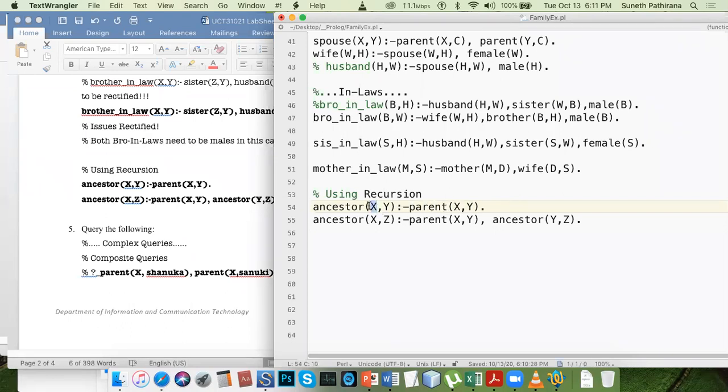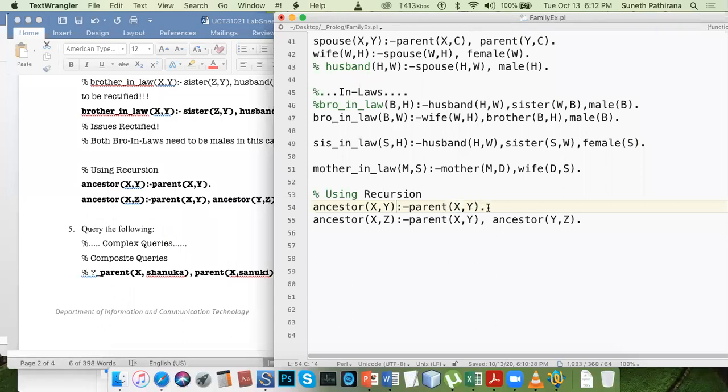X, the same X who is claiming to be an ancestor, has to be a parent of Y. That means if X is a parent of Y, Y is the child, then we say X is an ancestor of Y. Ancestor can be a father or mother, or grandfather or grandmother, anywhere above us in the family tree.